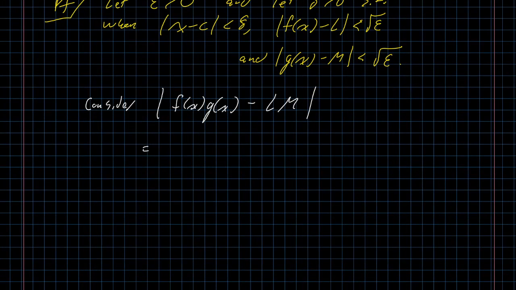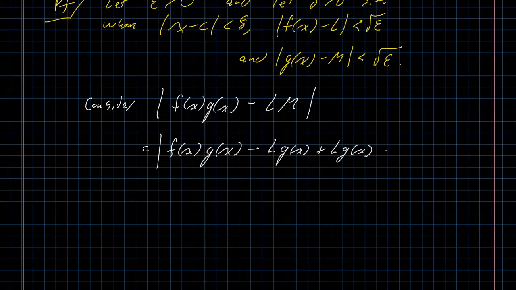One of mathematicians' favorite tricks is to invent something that didn't exist. In this case, I'm going to invent plus L, I'm sorry, I'm doing this in the wrong order. I'm going to invent minus L times g of x and plus L times g of x.